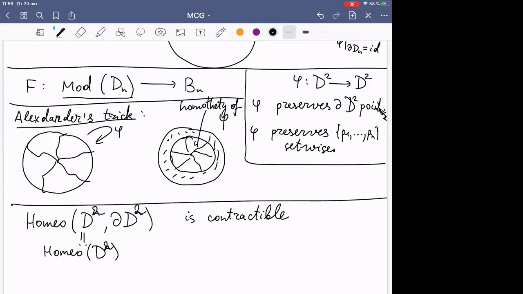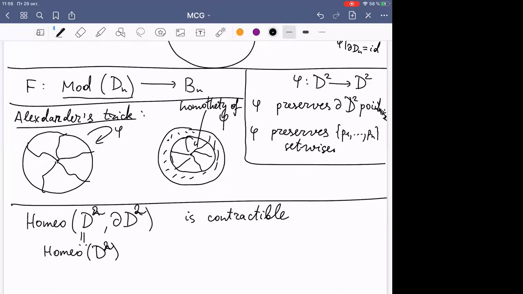The same is true for D_n, but today I need only D^2. I will just write Homeo of D^2, meaning that they fix the boundary pointwise.